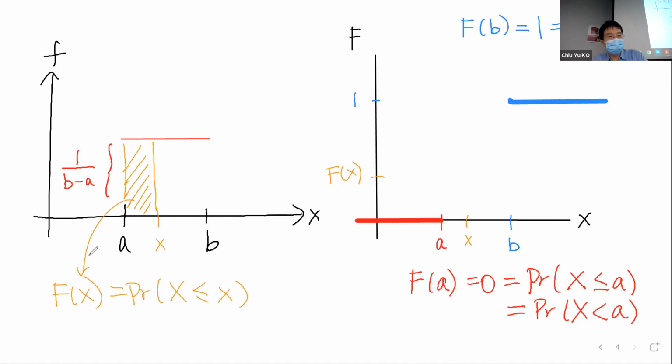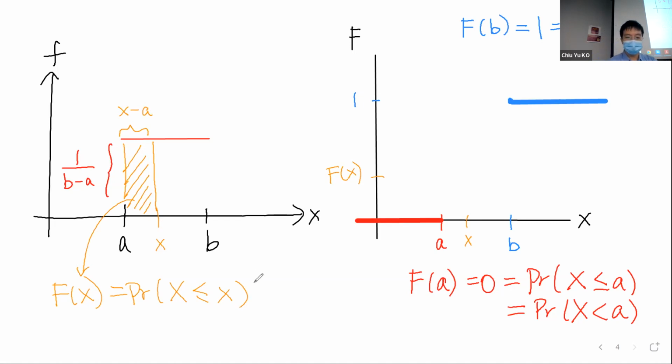Now the question would be, what's F of x? What's this area? Go back to our primary school. The rectangle is base times height. What's the base? The base is just x minus a. The height is just 1 over b minus a, right?